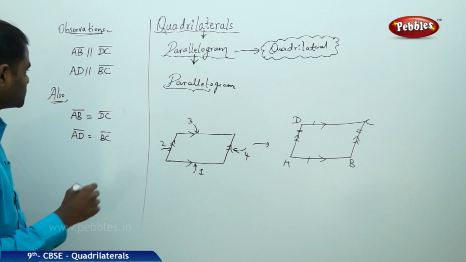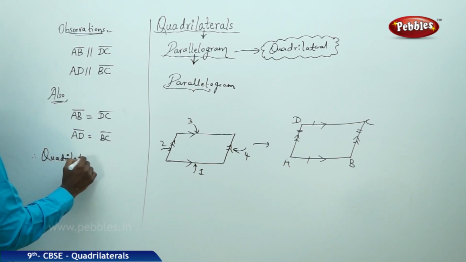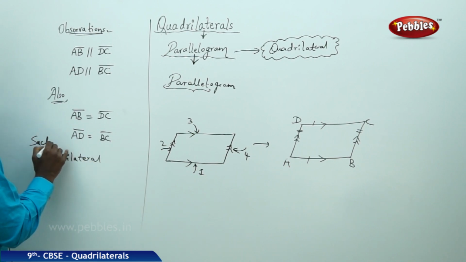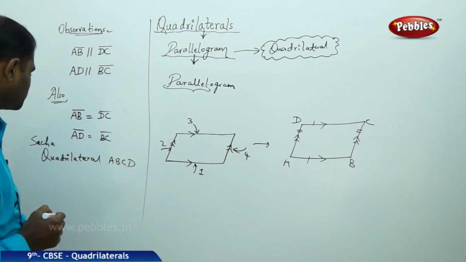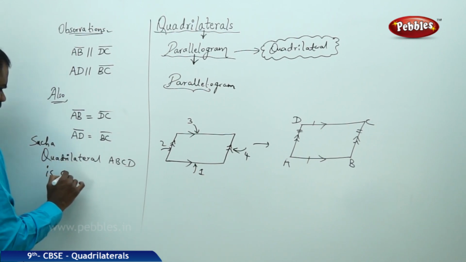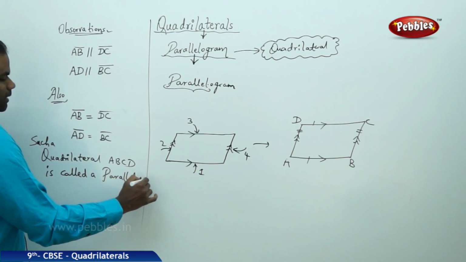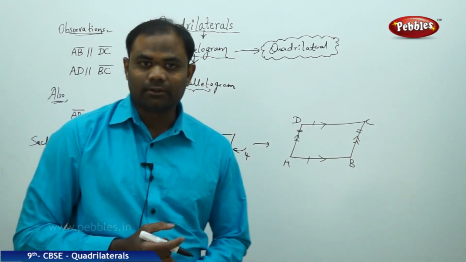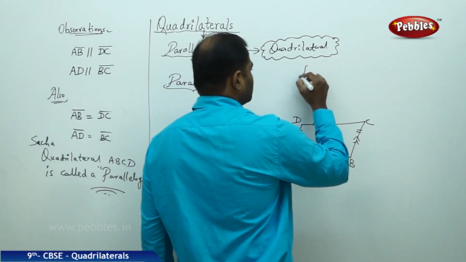So therefore, in this case, we see that such a quadrilateral ABCD which satisfies these two properties is called a parallelogram. Is how we understand the quadrilateral as a special case with a parallelogram.